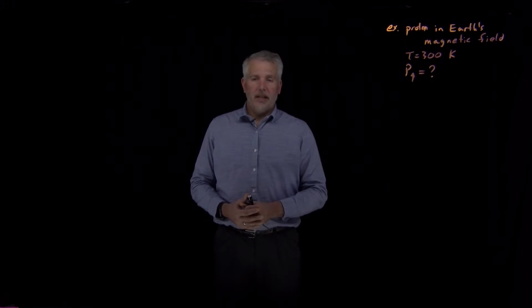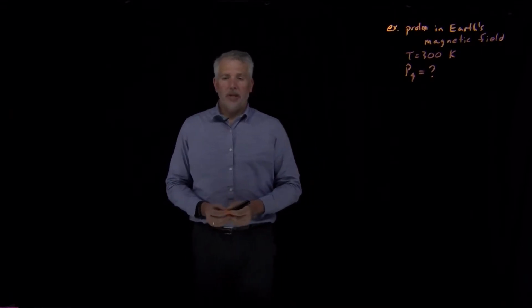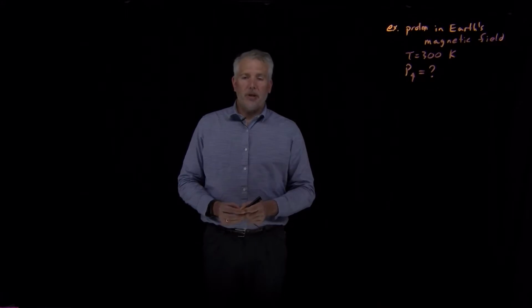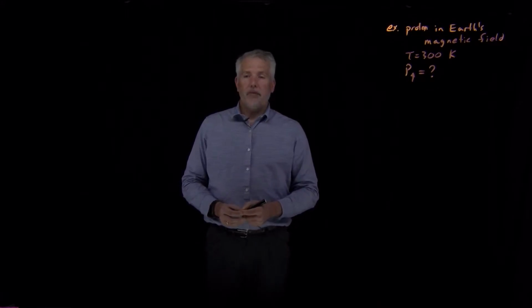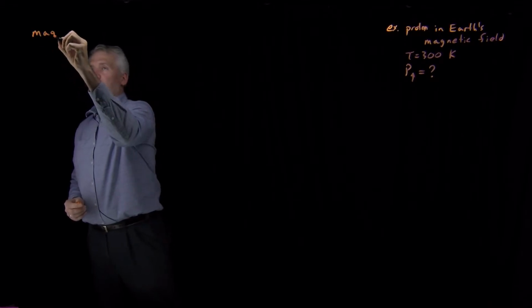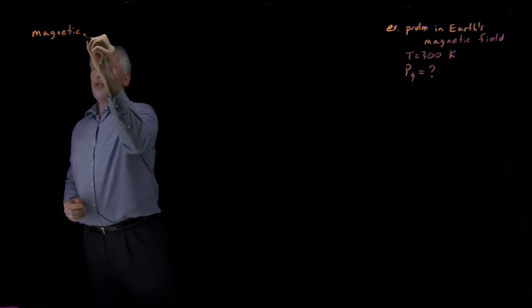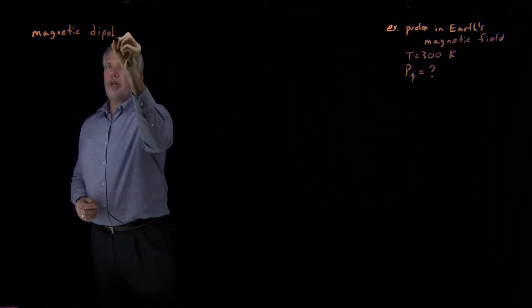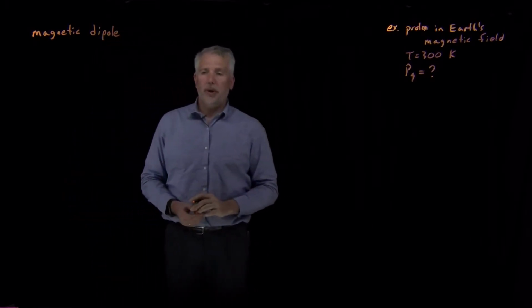And like any spinning electric charge, a spinning electric charge generates a magnetic dipole. So both electrons, and in particular from our point of view, nuclei, have a magnetic dipole, which turns out to be an important property of nuclei that we can use to do some chemistry with.